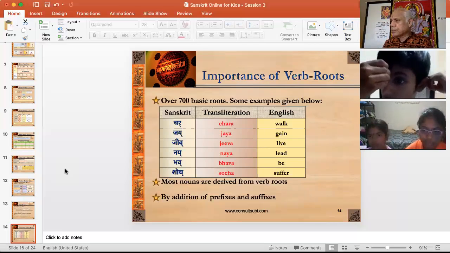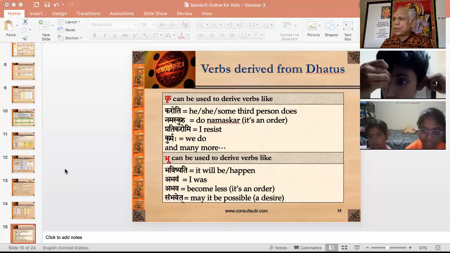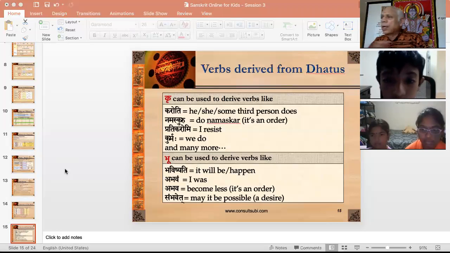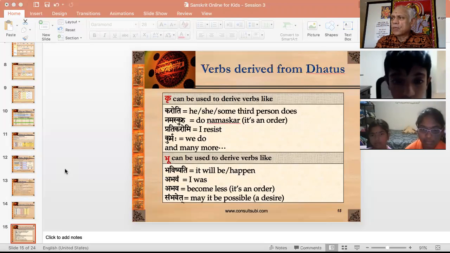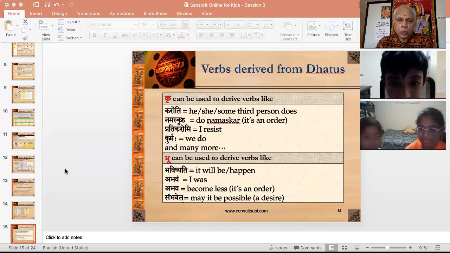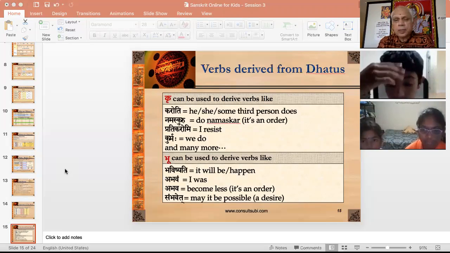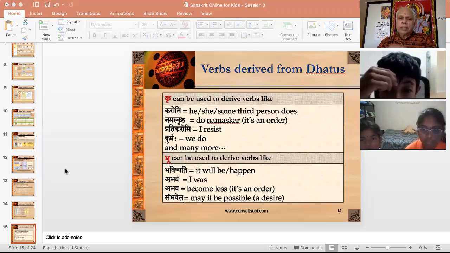If it is kri, for example, you can use the verbs derived from dhatus. Kri, as I told you, means do. What are the verbs derived from kri? Karoti means he does work.